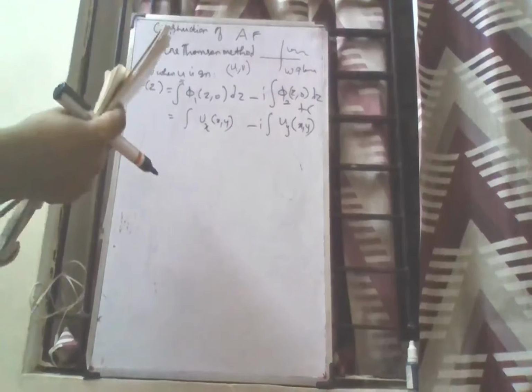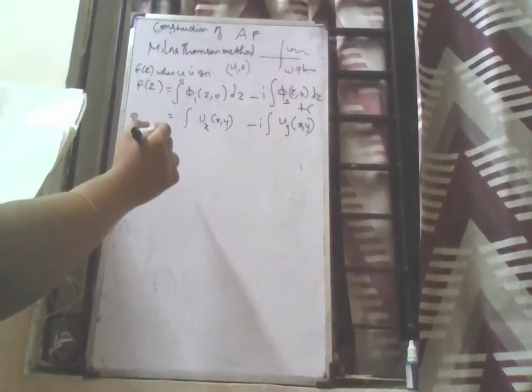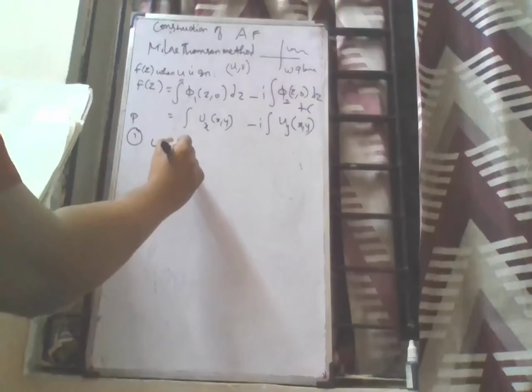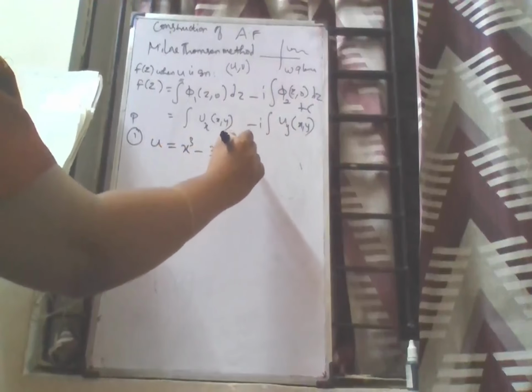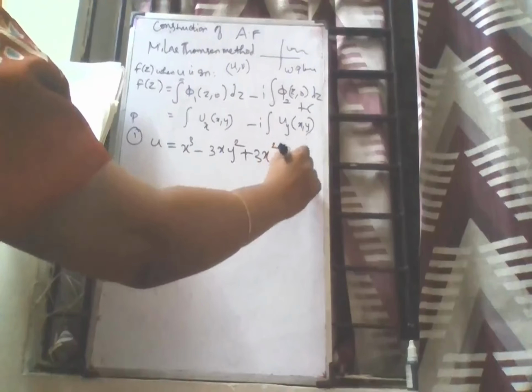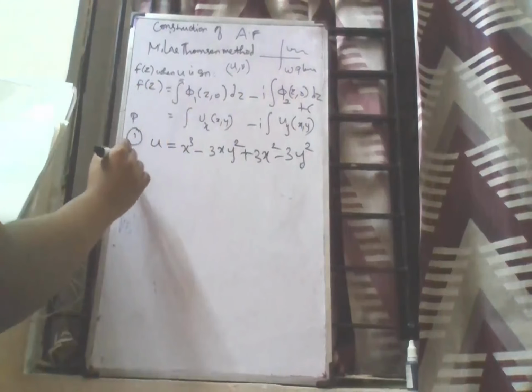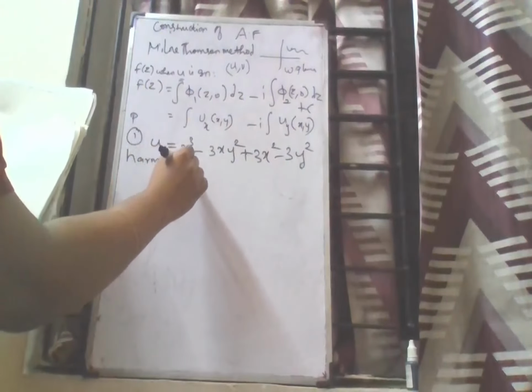Okay, I'll go for the problem. Problem number 1. Show that u equal x cube minus 3xy square plus 3x square minus 3y square is harmonic. Number 1, what they ask, it's harmonic.